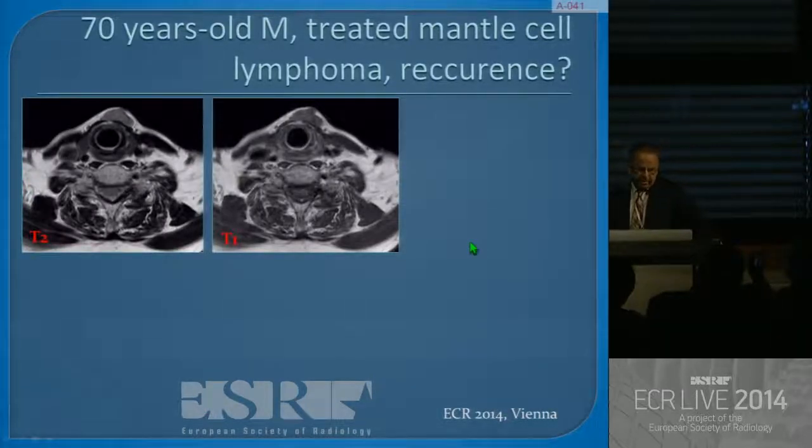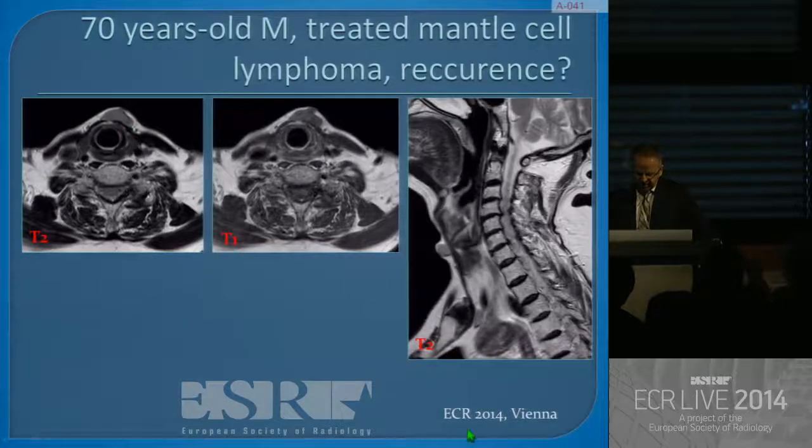Another case, a 70-year-old male who has been treated for mantle cell lymphoma and came back with a suspicion of recurrence. There's a small mass lesion, hypointense on both T2 and T1 weighted images.